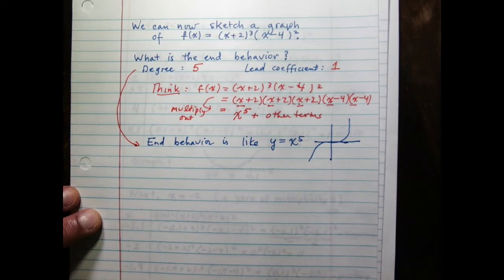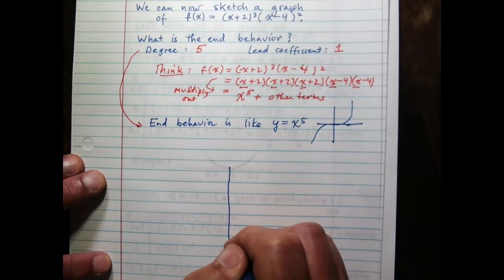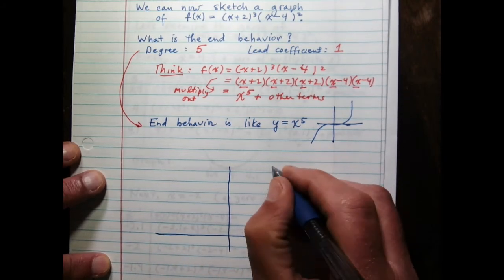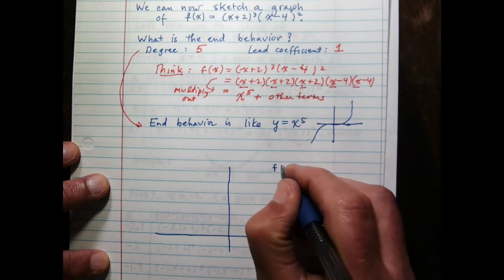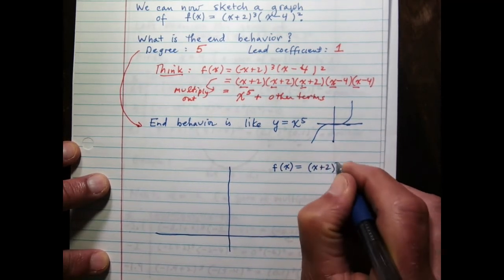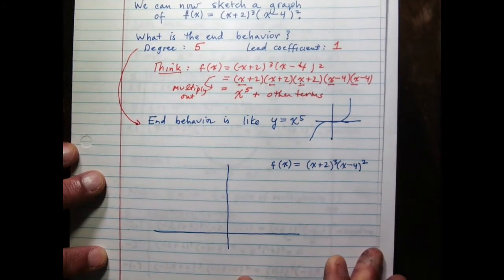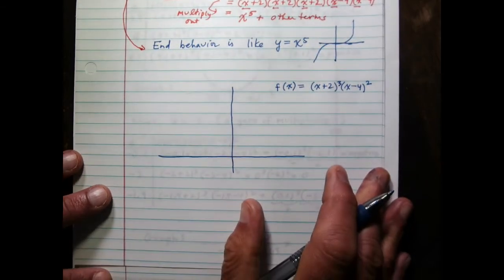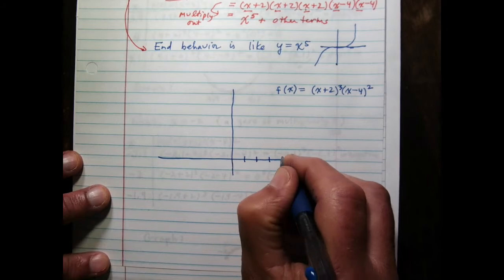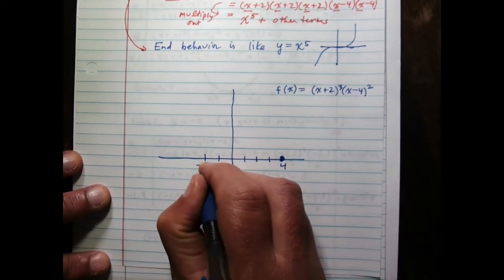Okay, now I'm just going to do a rough sketch of this function. I'm not going to plug in any x values. I'm just going to use what we figured out so far about this function. We know we got a 0 at 4 and at negative 2.